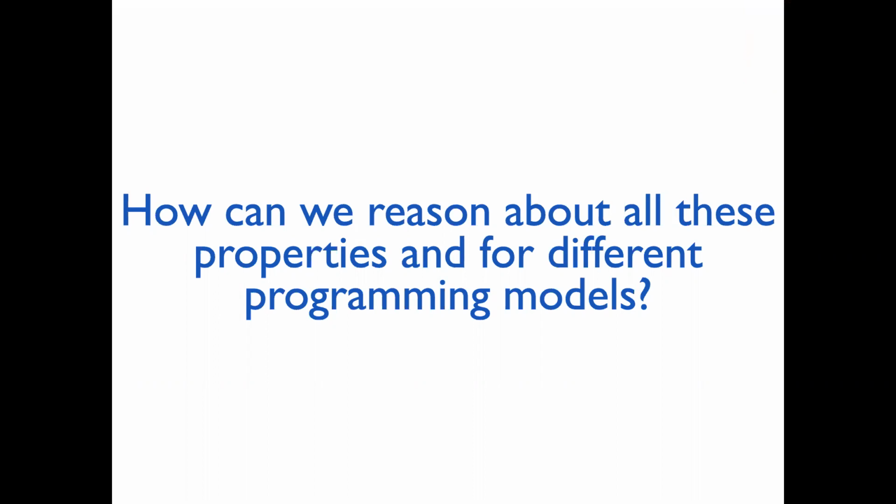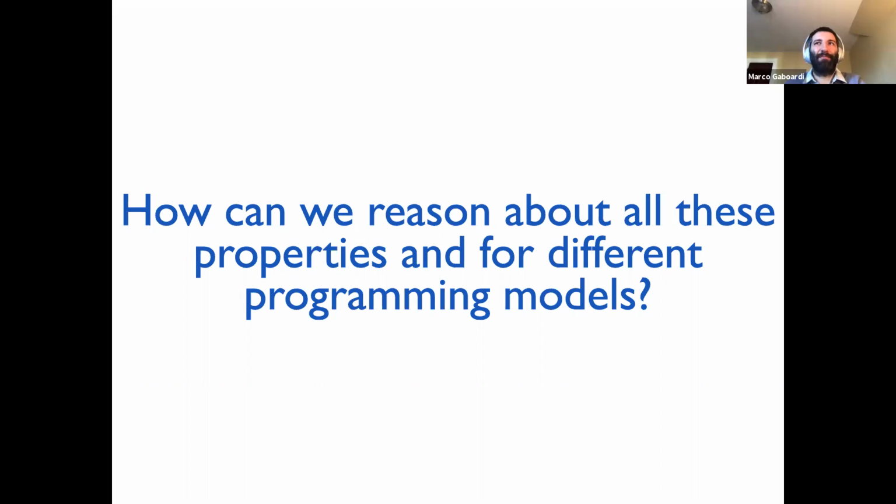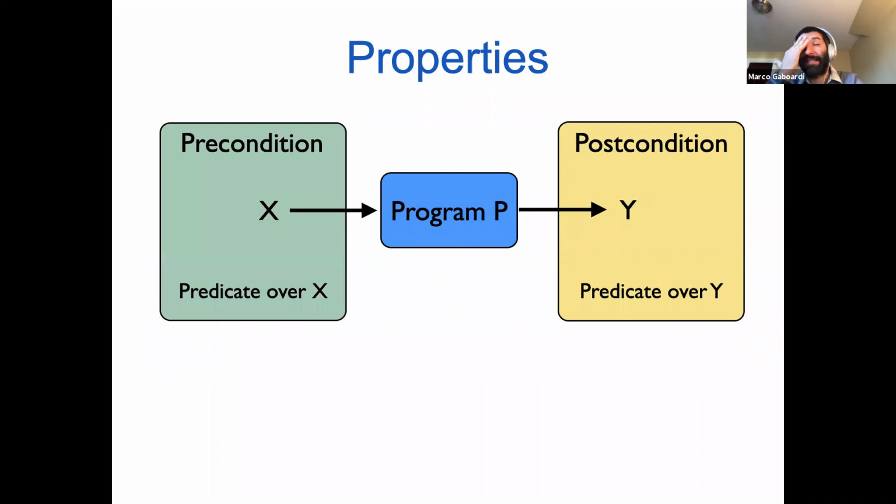All right, so how can we reason about these properties and for different programming models? The tool that we use is a classical tool from programming languages, program logic. So in particular, we want to reason about precondition, program, and postcondition.